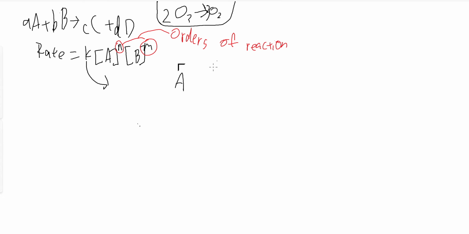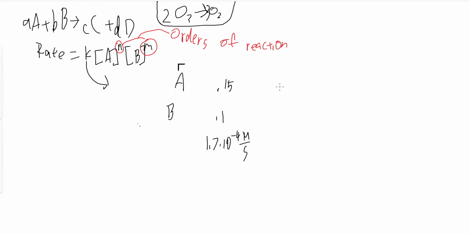In a concentration and rate table, so B, right? Let's say that A has a concentration of 0.15 and B has a concentration of 0.1. That would have a rate of, say, 1.7 times 10 to the negative fourth molar per second.